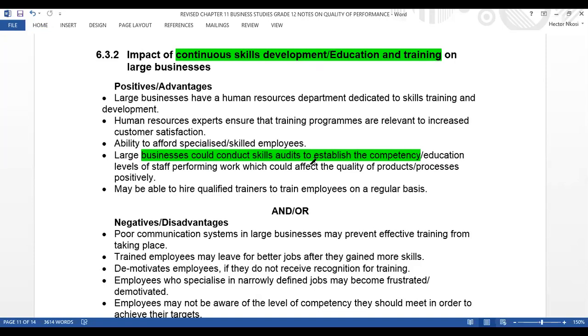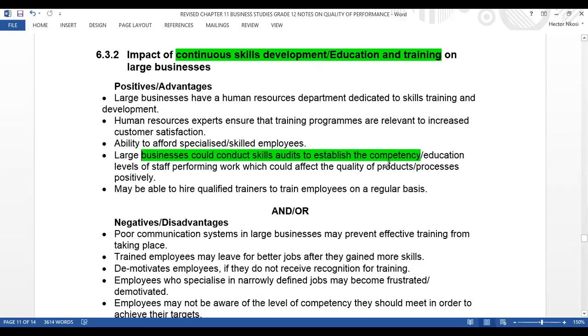So even the large businesses must conduct the audits. When you do an audit, you're actually checking, you're verifying whether things are being done correctly or not. So if you are competent enough, which means your audit must be good, basically. Therefore, you'll be regarded as someone who's competent.